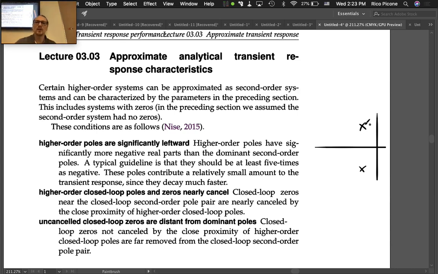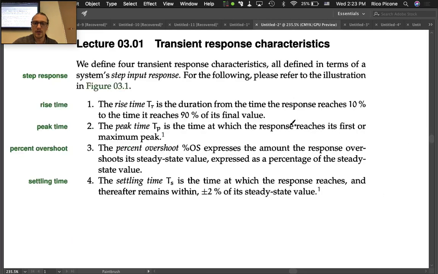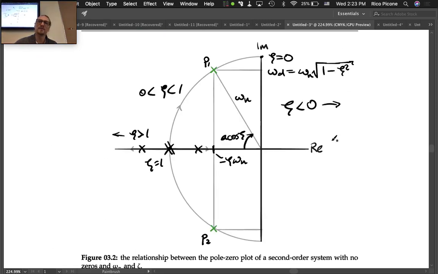If you go back to lecture 3.2, we had this as our geometric representation of a second order system with a complex conjugate pole pair, or overdamped as well.